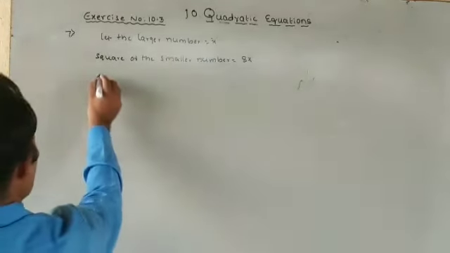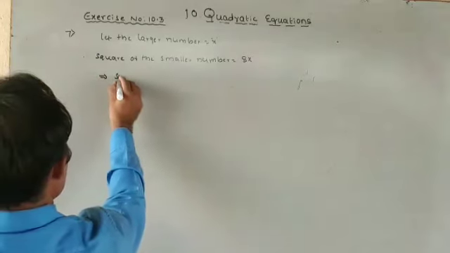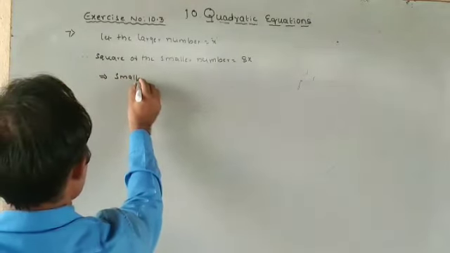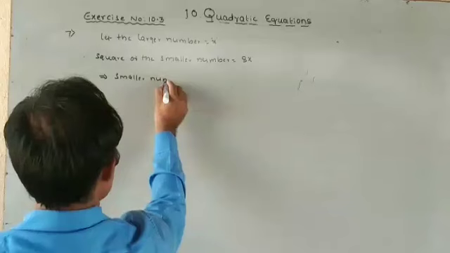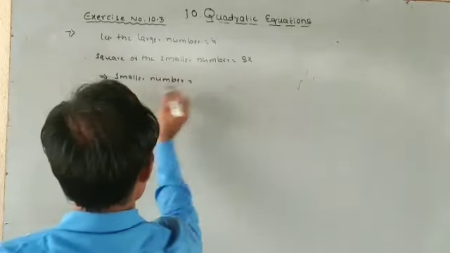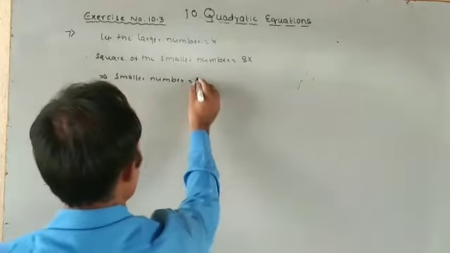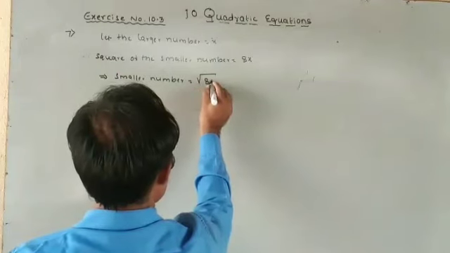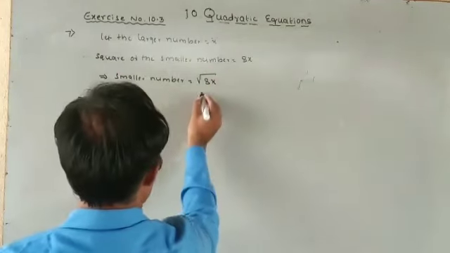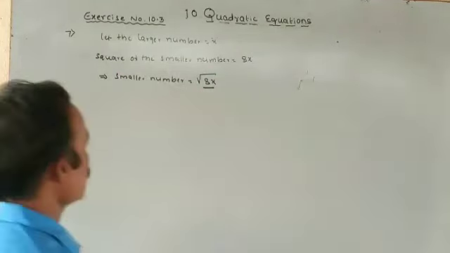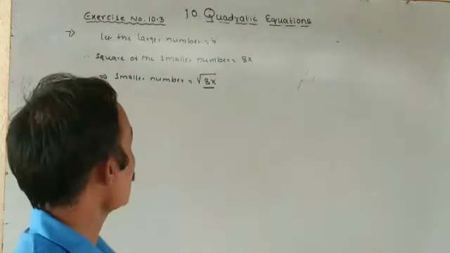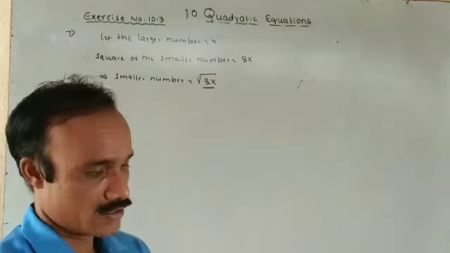Therefore, can you find the smaller number? The smaller number is equal to the square root of 8x. What about the larger number? That is x.